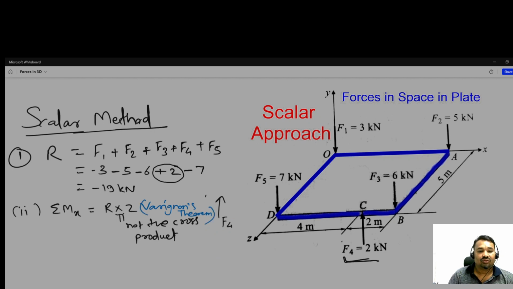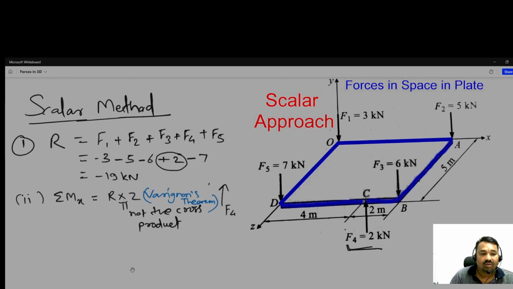So how to get the moment about x? In the x direction, which forces are lying in the x direction? F1 and F2. For those, we won't find any perpendicular distances.